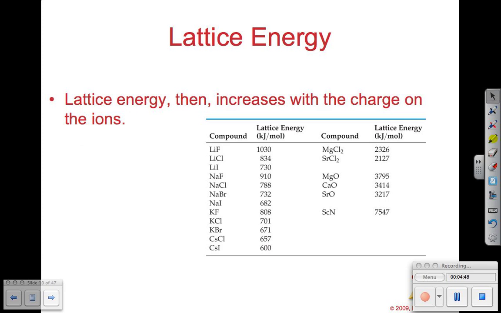When you look at lattice energy, the energy required to remove particles from one another increases as the charge increases. So if you've got a +2 with a -2 compound, like magnesium oxide and calcium oxide, those are +2 and -2 particles, and there is a much greater lattice energy associated with those compounds.